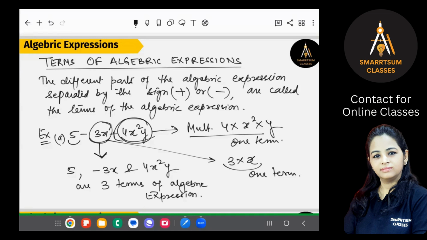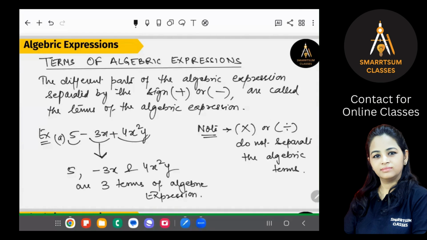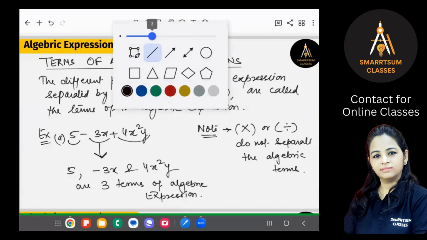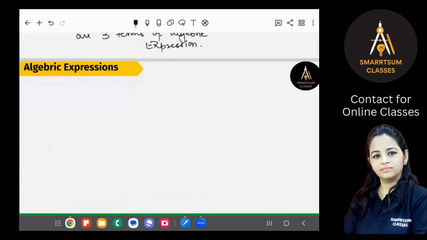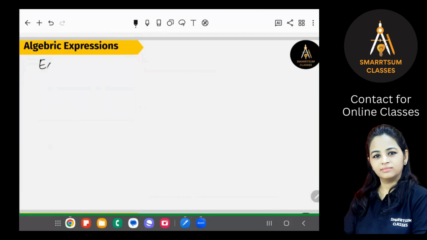So you can write it down and note that multiplication and division do not separate the algebraic terms. Terms are always separated by addition and subtraction. Is that clear? Let's see one more example. Suppose we have another example here.